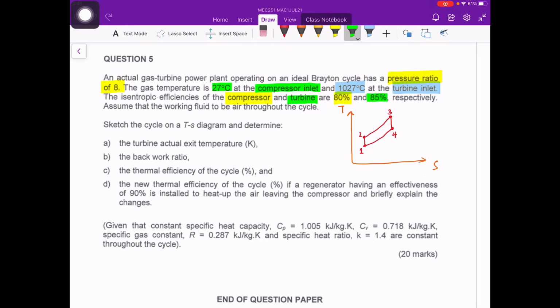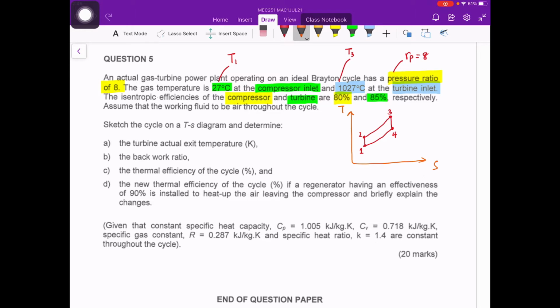In this question, given for us, the first item will be the pressure ratio equal to 8, and then 27 degrees Celsius for the compressor inlet, which is referring to the temperature for state 1, 1027 degrees Celsius for the turbine inlet, which if you refer to the TS diagram that we have drawn, should be referring to the temperature for state 3.